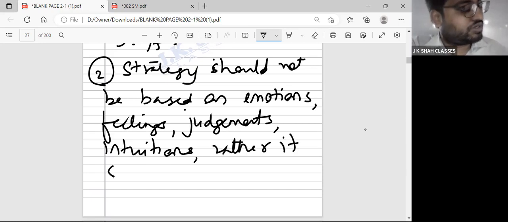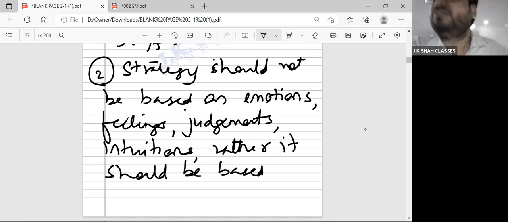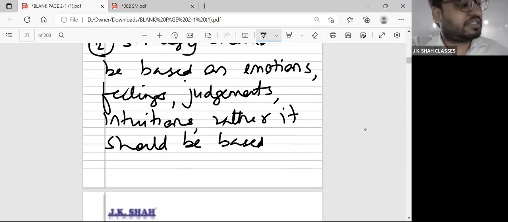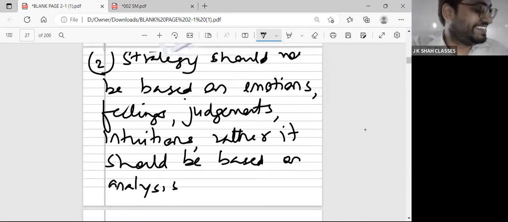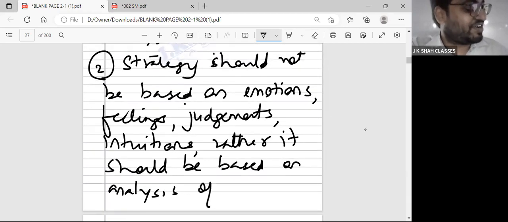Rather, it should be based on analysis. Analysis of internal and external factors.